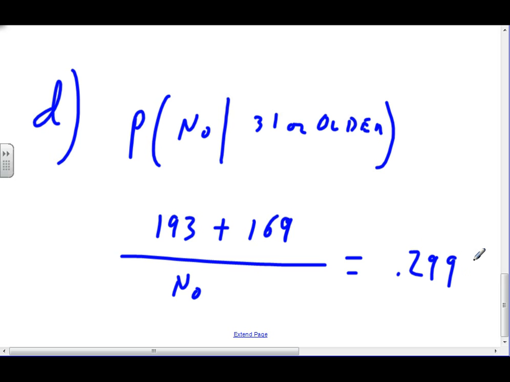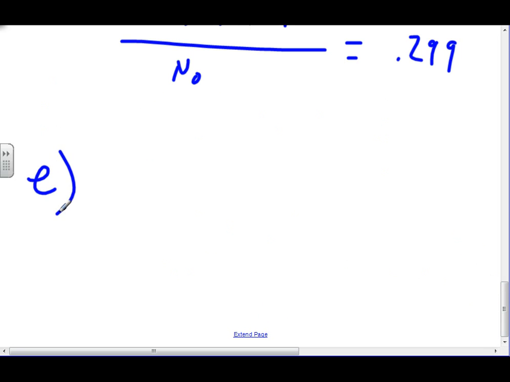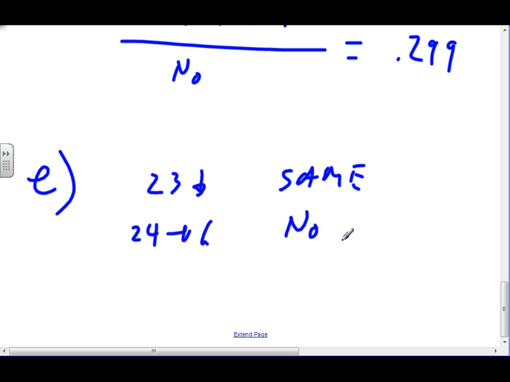Is the number of schools applied to independent of age? So this is a subjective thing. In the age group 23 and under, they're the same. In 24 to 26, no is bigger.